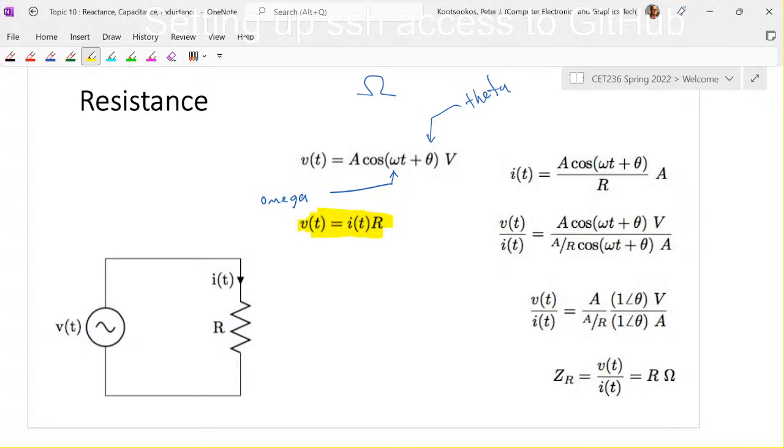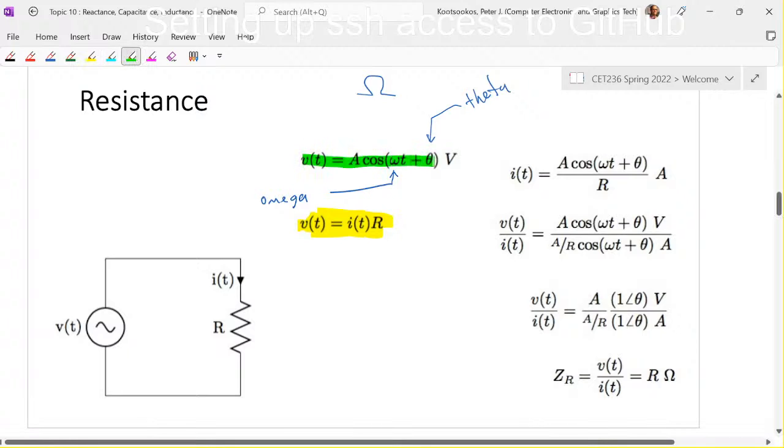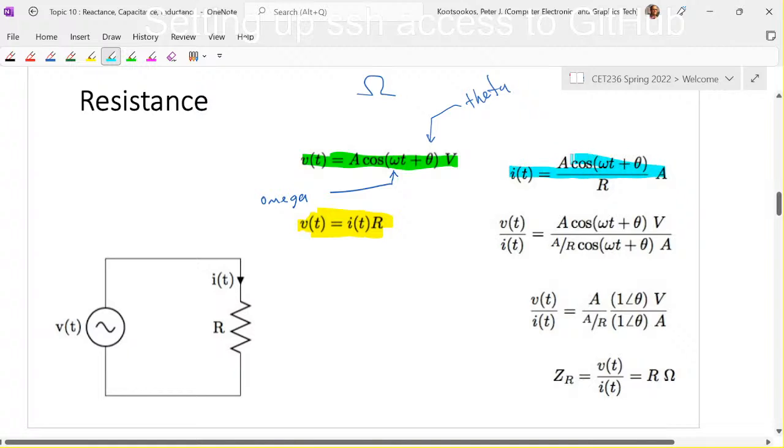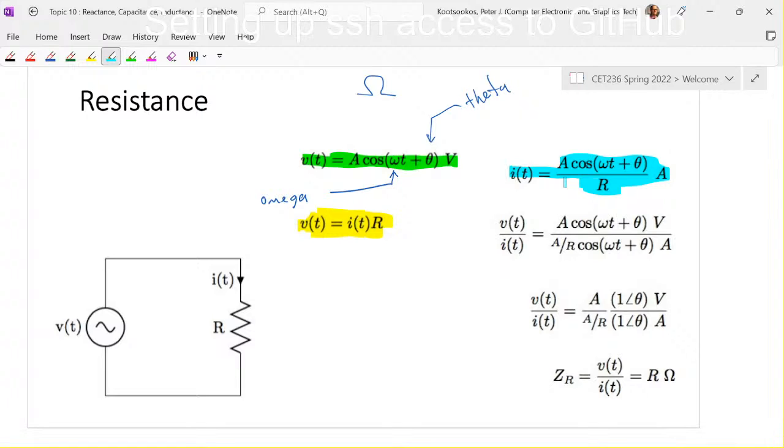Right, so if we apply our A cosine omega t plus theta volts, what we get for our current is A cosine omega t plus theta divided by R, amps. And this is a little bit of circular reasoning, but then we can put V of t on I of t.